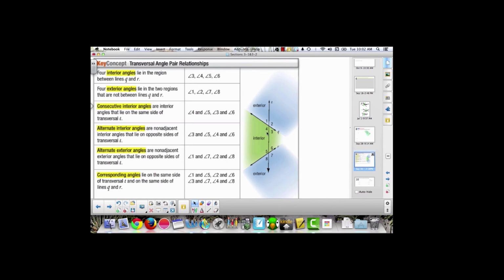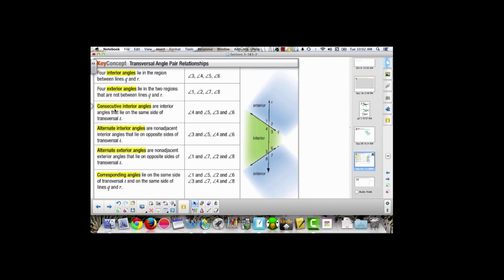So angles 3, 4, 5, and 6 lie in the interior of lines Q and R. Angles 1, 2, 8, and 7 lie in the exterior of lines Q and R.